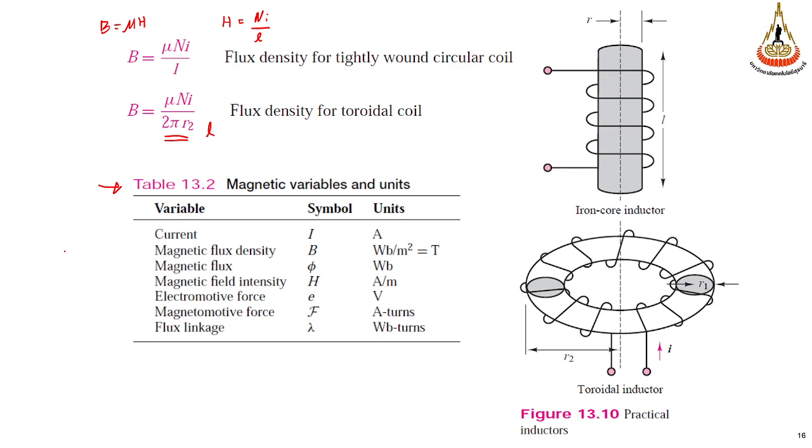That's B is phi divided by A. The magnetic field intensity is H, so B is equal to mu H, depending on the permeability of the material. And we also have electromotive force E. E depends on the change of total flux during the time.